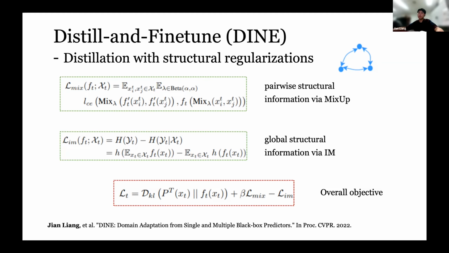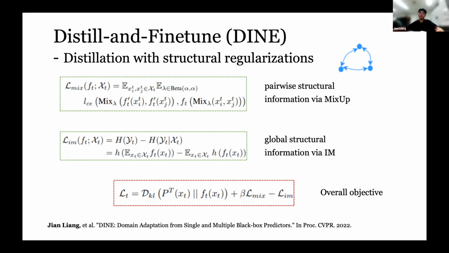So here we use some regularization to strengthen the relations between different data points. The first one is called mixup. It simply uses mixup operations to obtain new samples, and these samples will have predictions associated with a mix of their predictions.